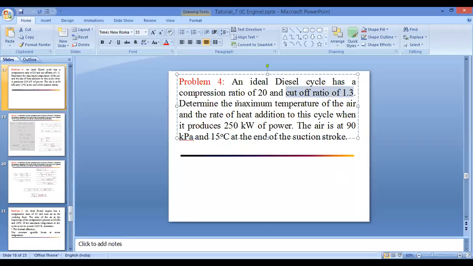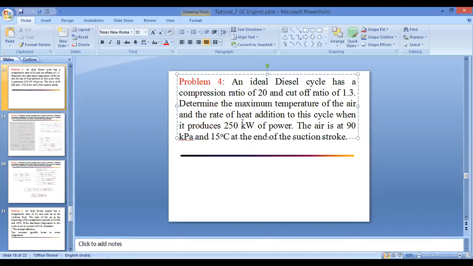What we have to calculate? The maximum temperature, which is T3, which will remain the same for both Otto as well as the diesel cycle, because after heat addition the temperature will increase in both the cycles. So we have to calculate temperature T3 and the rate of heat addition, that is Q in. Network is given as 250 kilowatt. So it is better to calculate the value of efficiency first.